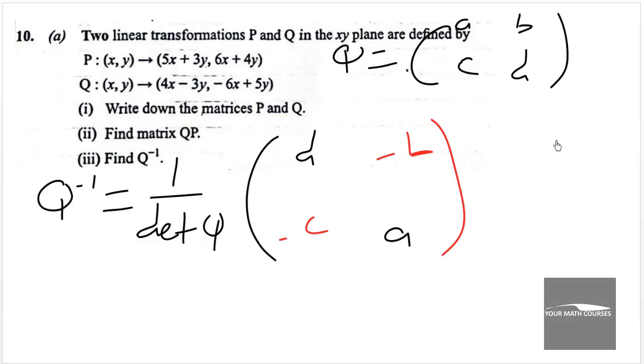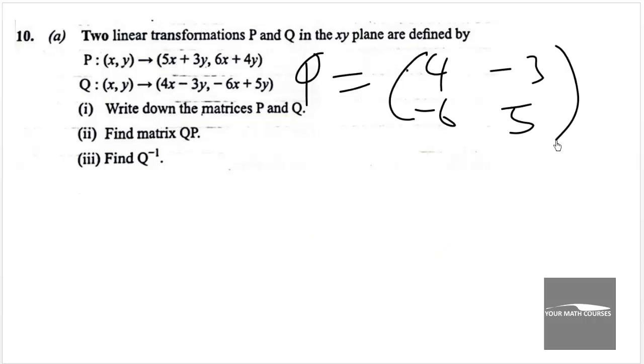Then we swap the A and the D, the leading diagonal. So Q inverse is equal to 1 over the determinant of Q. For the determinant of Q, multiply the leading diagonal, then subtract the other product.